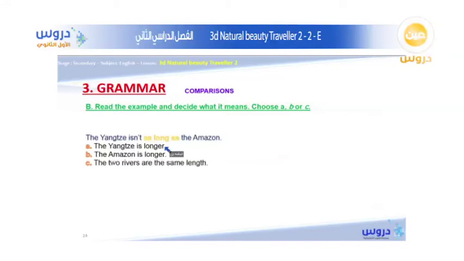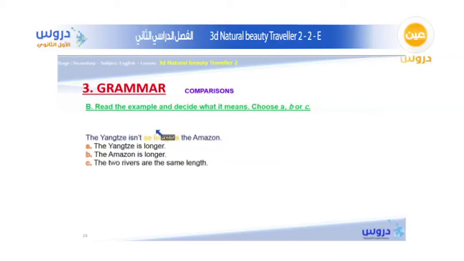Here we have the third type. Read the example, decide what it means, choose A, B, or C. It's also related to comparison. The Yangtze isn't as long as the Amazon. But here we have a negative. You have to differentiate. Okay, so the answer: the Yangtze is longer, or the Amazon is longer, or the two rivers are the same length.